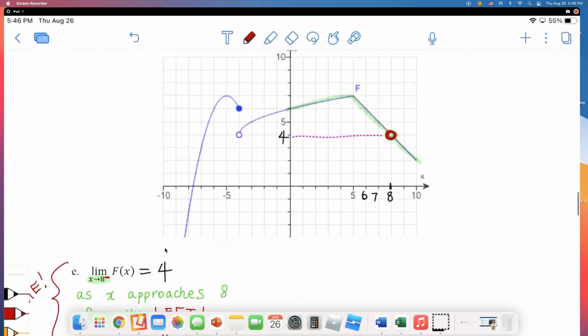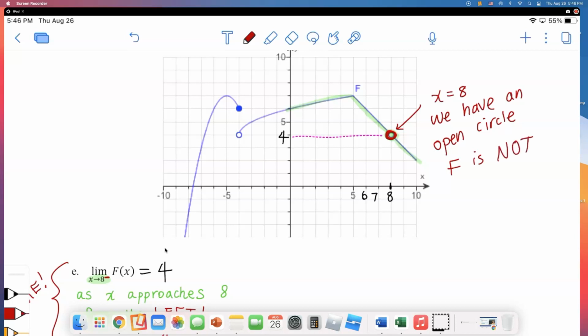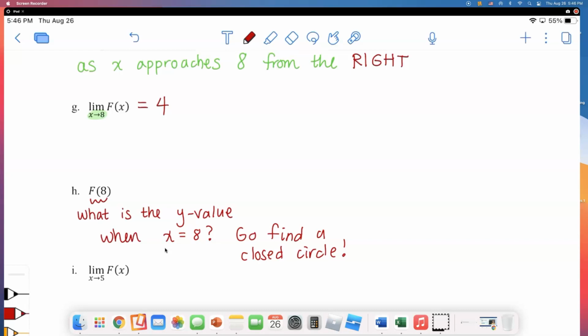You see, at x equals 8, we have an open circle. So unfortunately, f is not defined at x equals 8. We have a hole here. We have an open circle here. So I like to say undefined. But I've seen some students saying f of 8 does not exist. And that's not wrong. Well, I like to still say this is undefined.